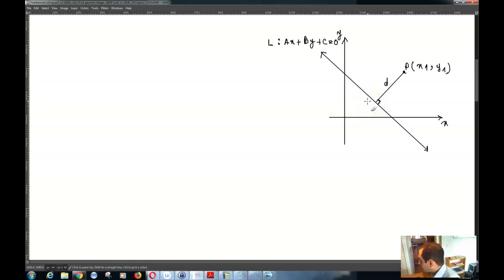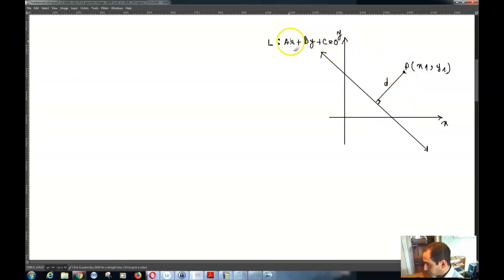Now, the distance of a point from a line is basically the length of the perpendicular drawn from this point to the line.